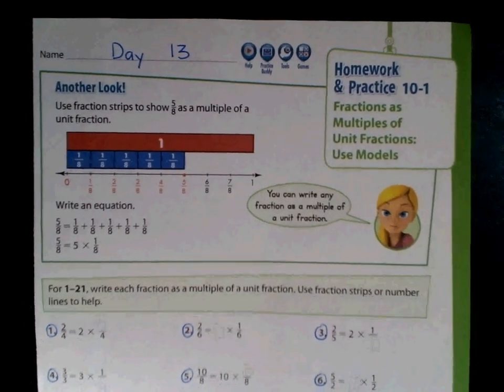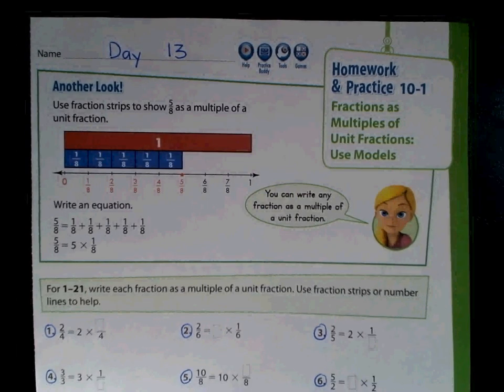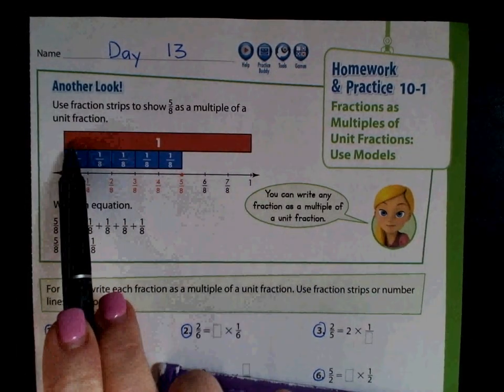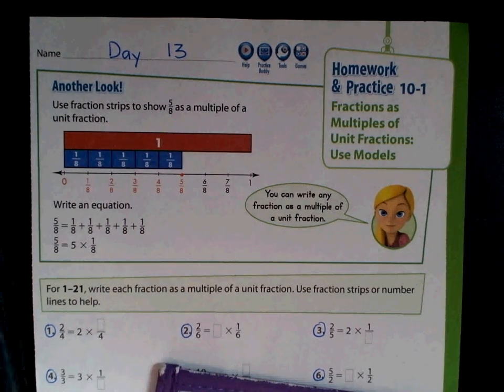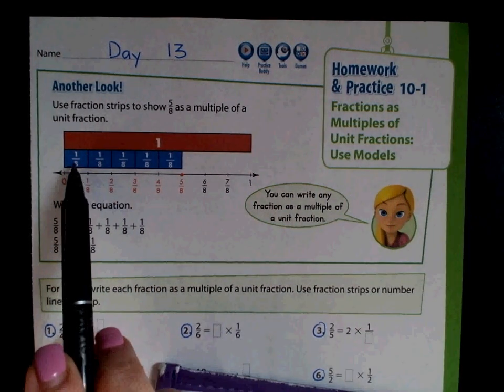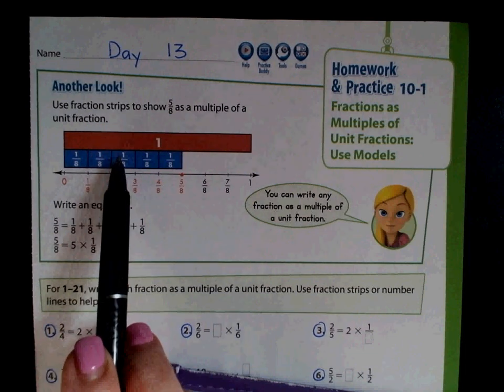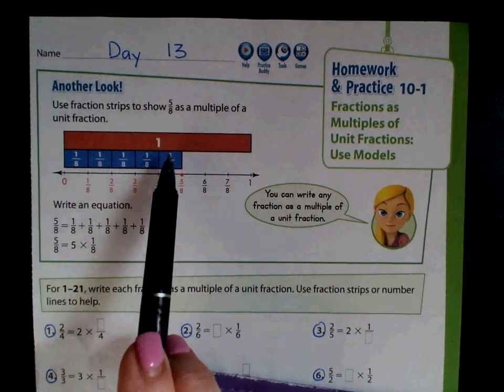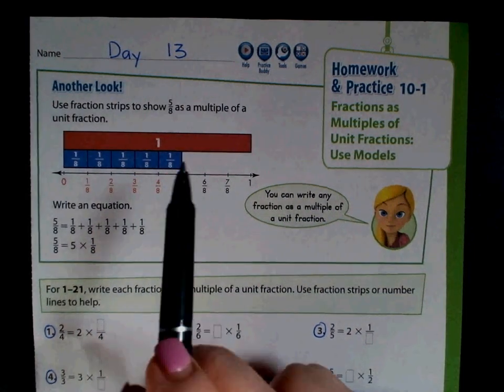Let me just focus this so it comes in clearer. That's better. Here you can see the red fraction strip represents 1 whole. And then here I've got 1/8, 1/8, 1/8, 1/8, and 1/8. So I've got 1, 2, 3, 4, 5 1/8 pieces.